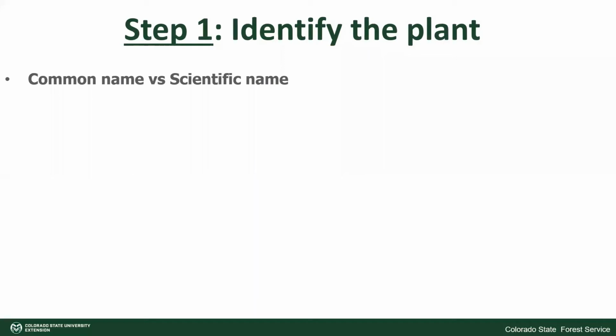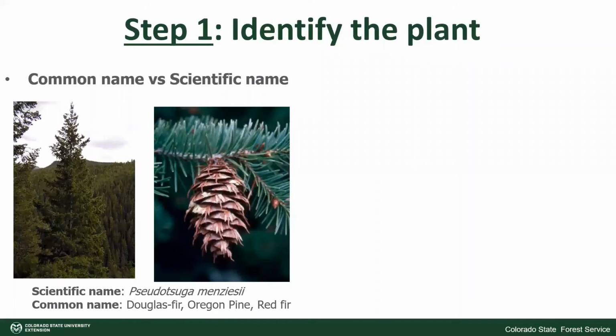The scientific name is the two-name Latin binomial that the scientific community uses. And that's why it's so important to know it, or at least research it, so that you know what your baseline is. This is because sometimes in different parts of the country, even in different parts of the world, one single plant can have many different common names. And this is an example: the Douglas fir, Oregon pine, and red fir.